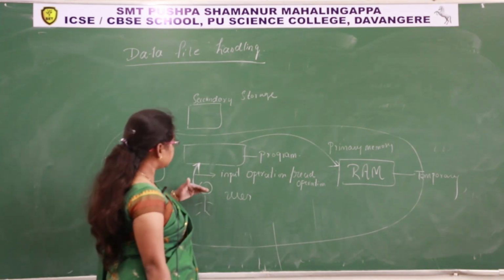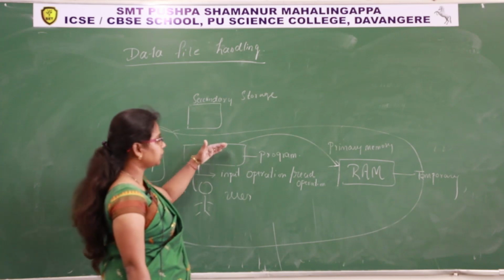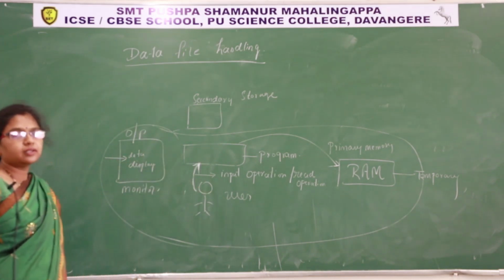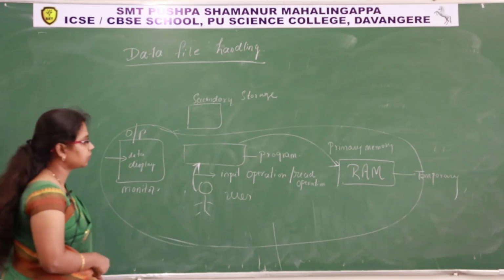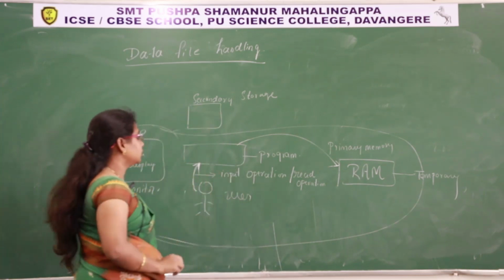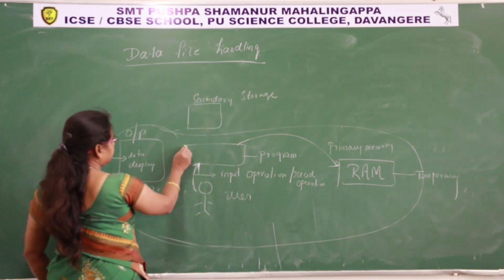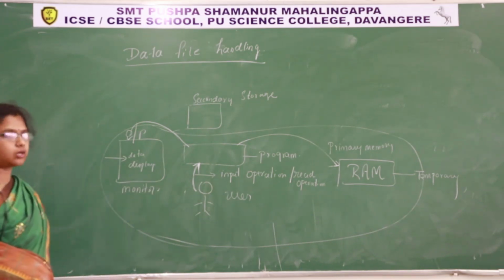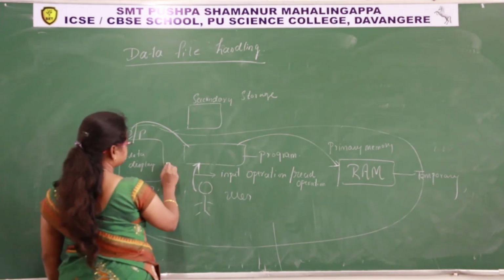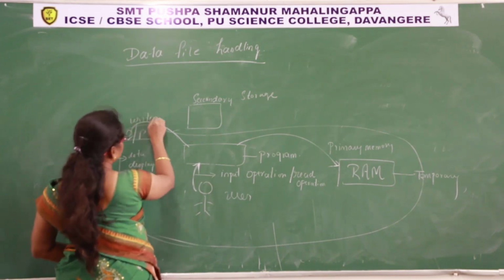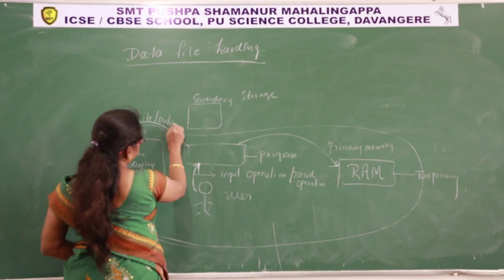The user will give values or data to the program. This is called input operation or read operation. Here, if I display the content on the screen, this is called write operation, or output operation.